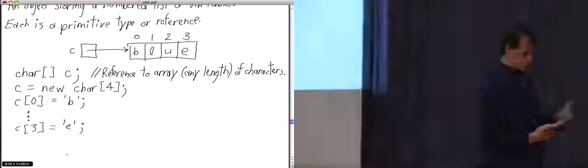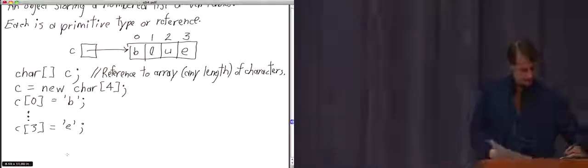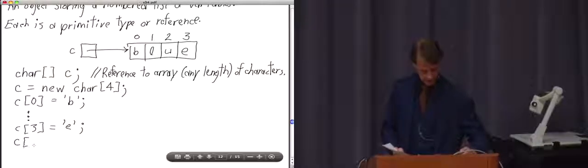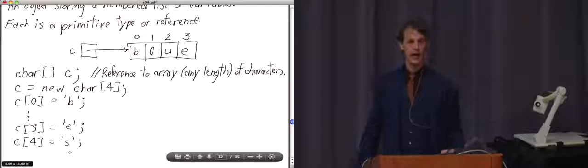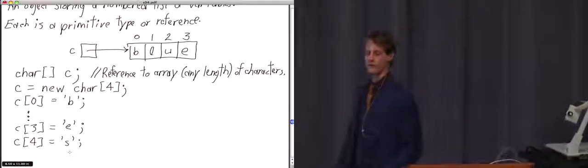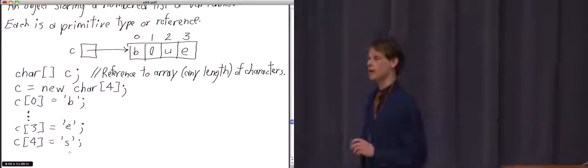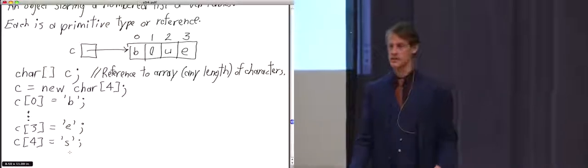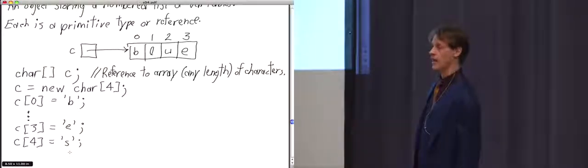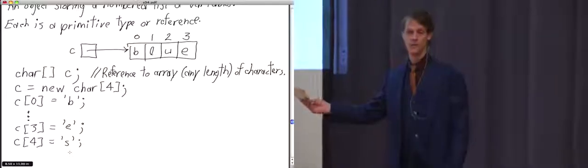And it's important to know that if you try to assign to an index that isn't actually in the array, your program will stop and barf, but not at compile time. At compile time, the compiler doesn't know how long the array C is going to be and doesn't try to figure it out. It waits until runtime.